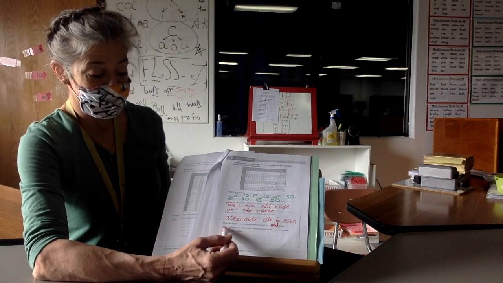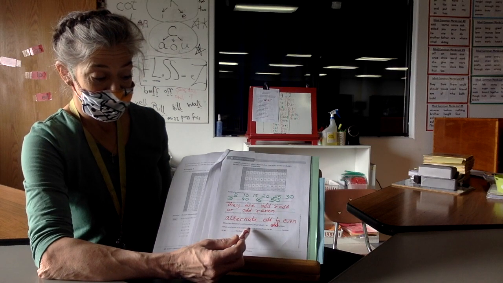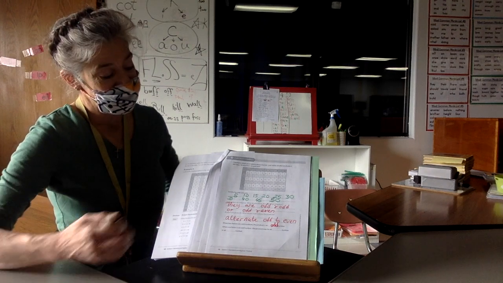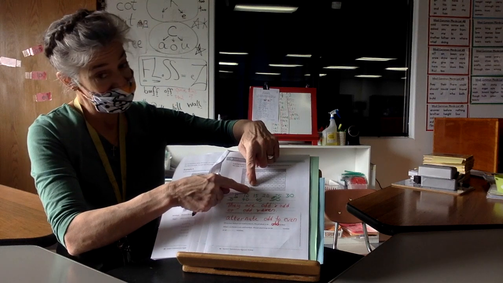Now let's go to this sentence. When one factor is an odd number, the product may be even. For example, 5 and 2, right? 1 is odd, the 5. The product is even.